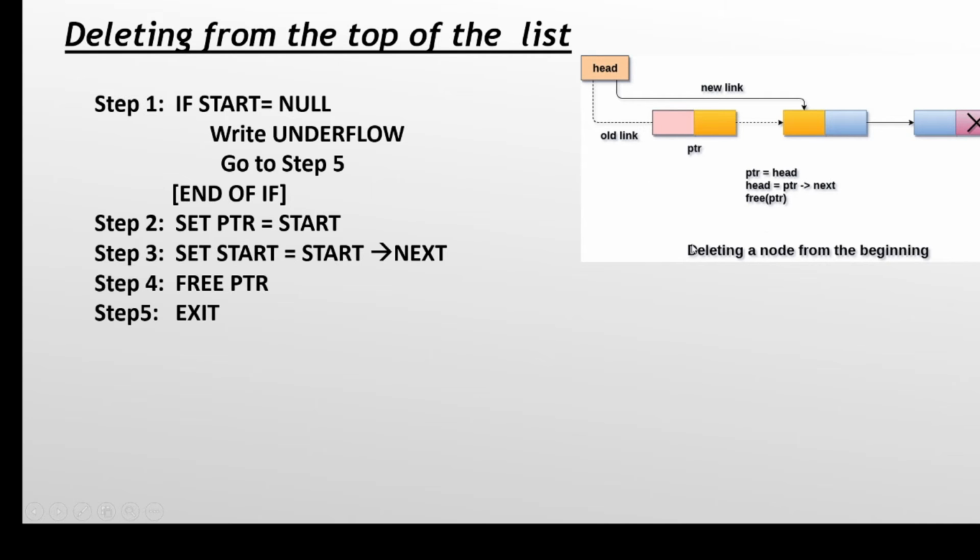On this diagram we can see that the pointer variable is deleted by free pointer, so head points to the second node of the list, that is, the first node is deleted from the list.